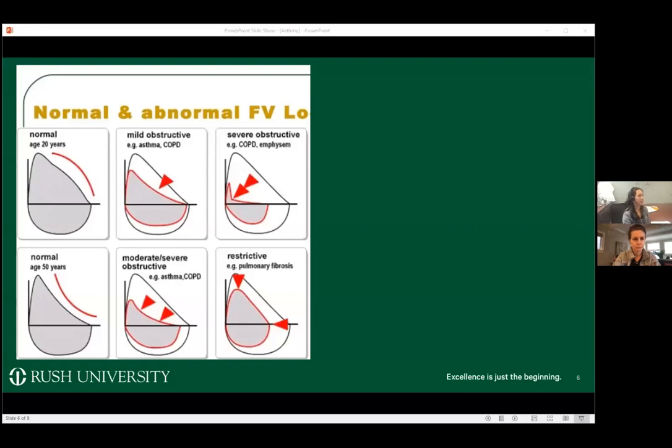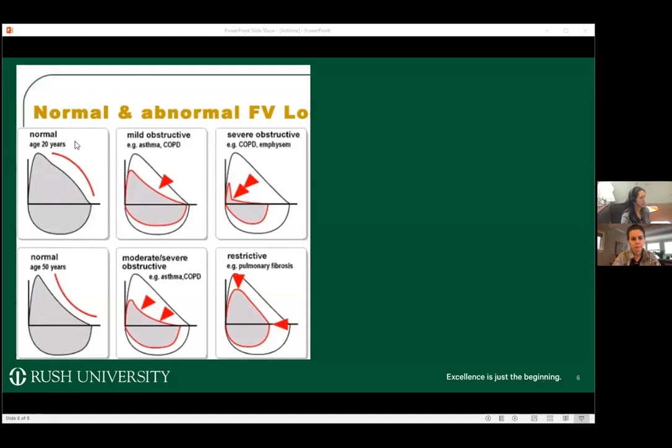Let me see. I think I have a schematic of a variety of different kinds of PFTs. So just real basic, our normal, the upper is the expiratory limb and the lower is the inspiratory limb. And just a few things that I think about when I look at these. The inspiratory limb is usually about half as tall in general as the expiratory limb.